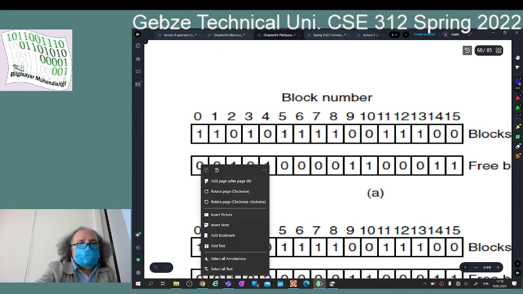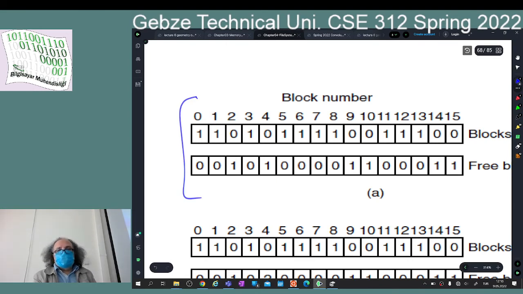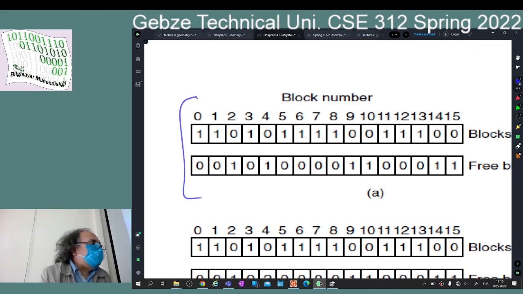In this case it is in use, free, in use, free, in use, like that. I like this picture. There is no inconsistency in this file system. Each block is either in use or it's free.